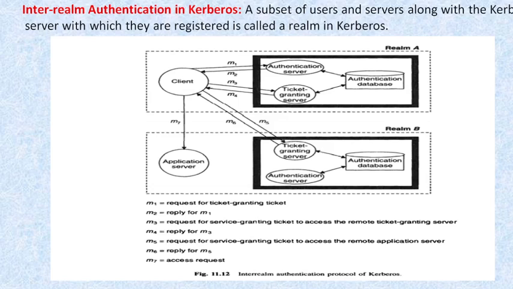After that, after checking the identity, it will send the message via M6. Then it gets permission to access the services in the application server. So M7 is the access request. This is the internal authentication protocol of Kerberos, where we divide the subset of users and servers along with the Kerberos server into rings, different regions.